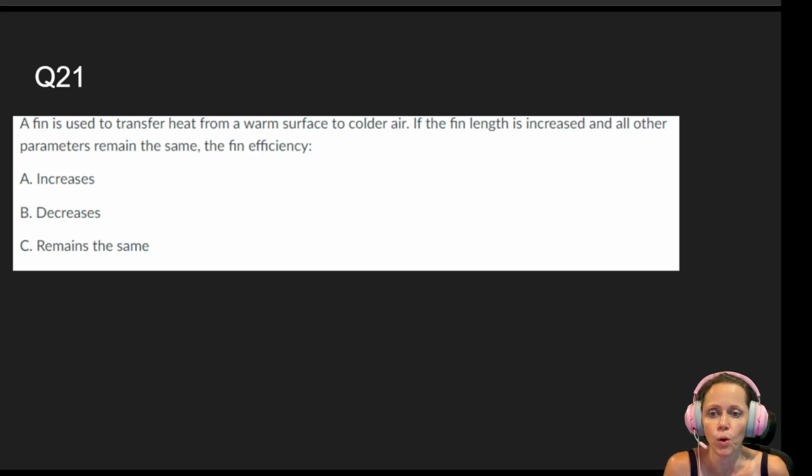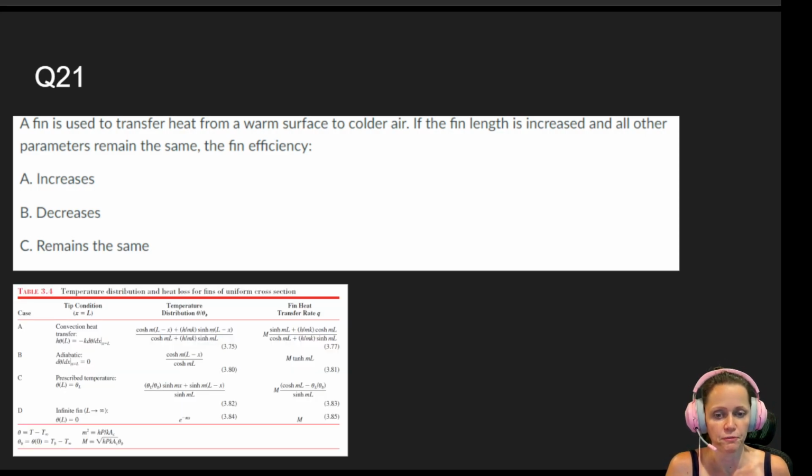Question 21. A fin is used to transfer heat from a warm surface to colder air. If the fin length is increased and all other parameters remain the same, the fin efficiency. So the fin efficiency is related to the heat transfer rate. It's the heat transfer rate over the maximum possible heat transfer rate.